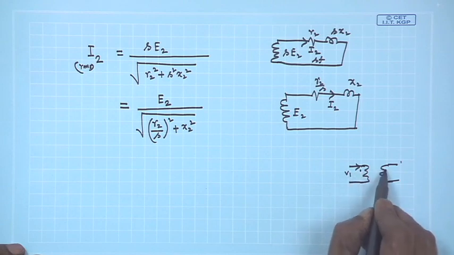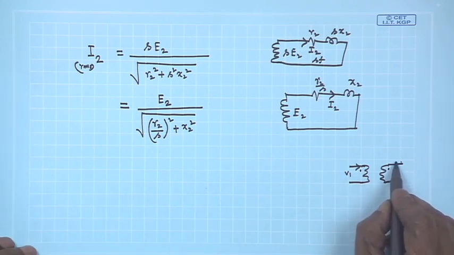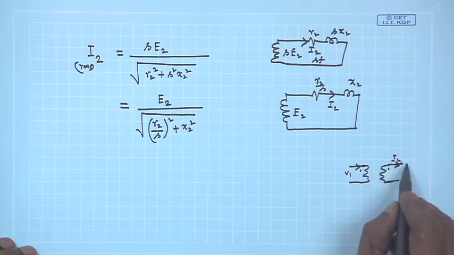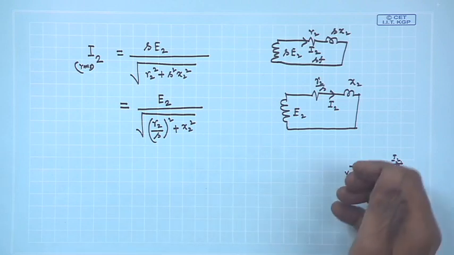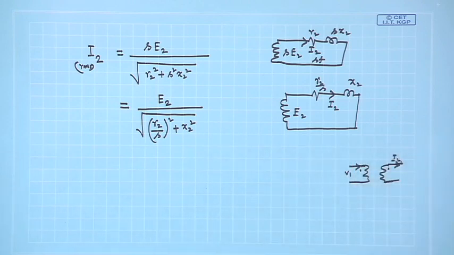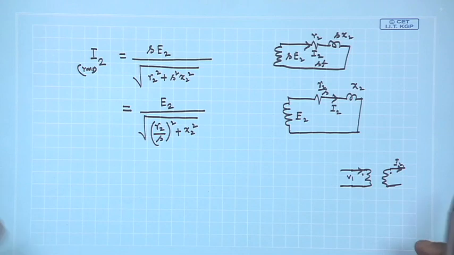Now, this point is important. When you try to draw some current out of the transformer, this is the physical reasoning I am trying to tell. The moment you want to draw current from the secondary of the transformer by connecting an impedance, on the primary side, no matter what you do on the secondary side, do you think the flux in the core of the transformer is going to change?